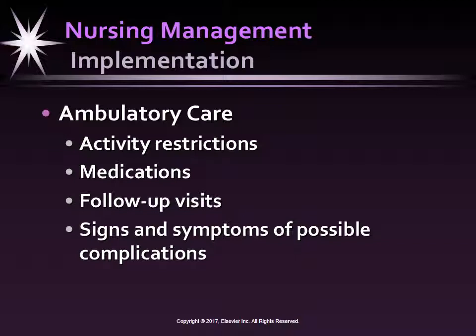Patients with cataracts who have surgery remain in the surgical facility for only a few hours. The patient and the caregiver are responsible for almost all postoperative care. It is essential to give them written and verbal instructions before discharge. This should include information about postoperative eye care, activity restrictions, medications, a follow-up visit schedule, and signs and symptoms of possible complications.